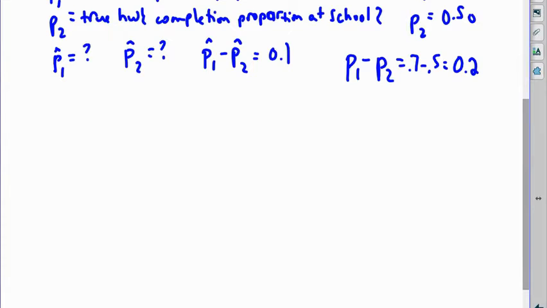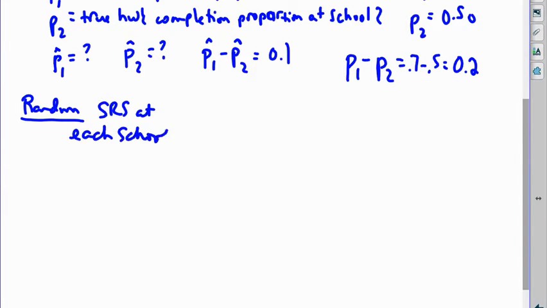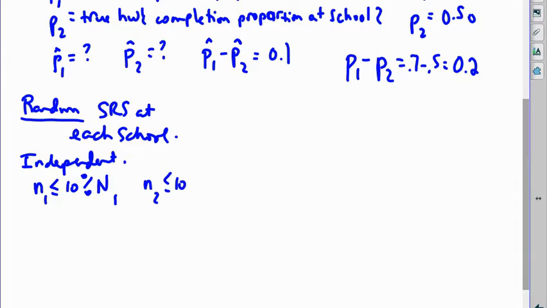But before we can do anything, we have to do our conditions. So random, and it was an SRS at each school. We're going to check that it was independent. They took a sample of 100 students, so we are going to have to check, is n less than or equal to 10% of N? This would be at school 1. Is n at school 2 less than or equal to 10% of N? This is at school 2.